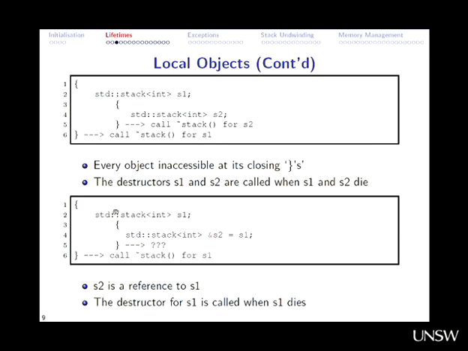Here is a slightly different variant on the same thing. Here's a stack S1. Inside this second scoping brace, we create a reference to that first stack. When we go out of that scoping brace, does the destructor get called on that reference, and does stack 1 go and get destroyed?